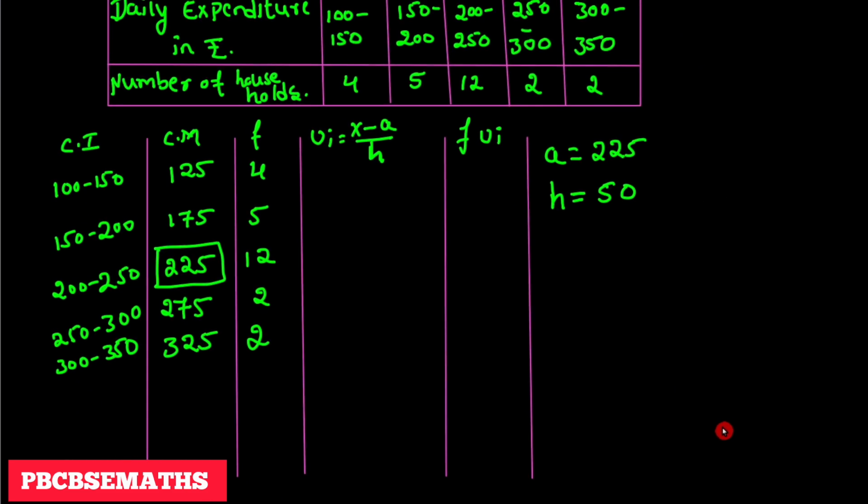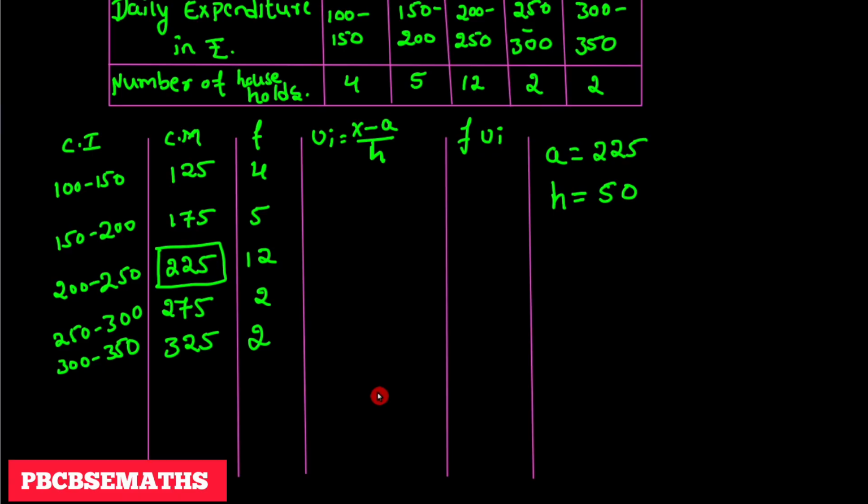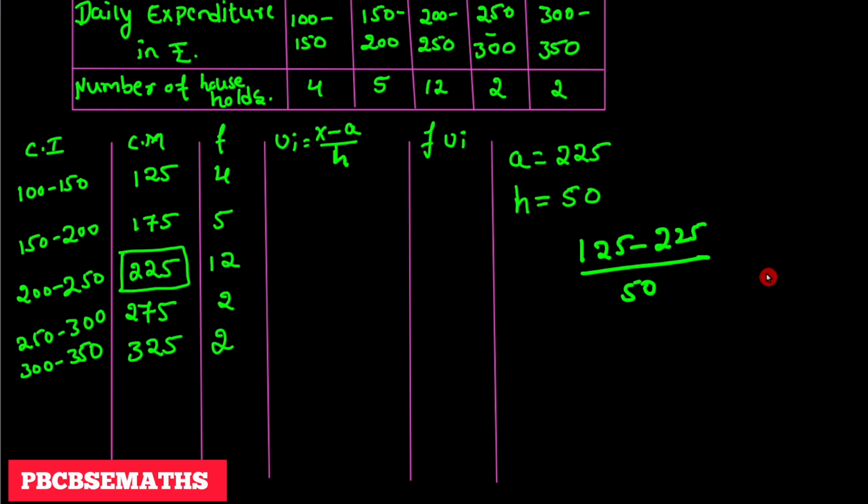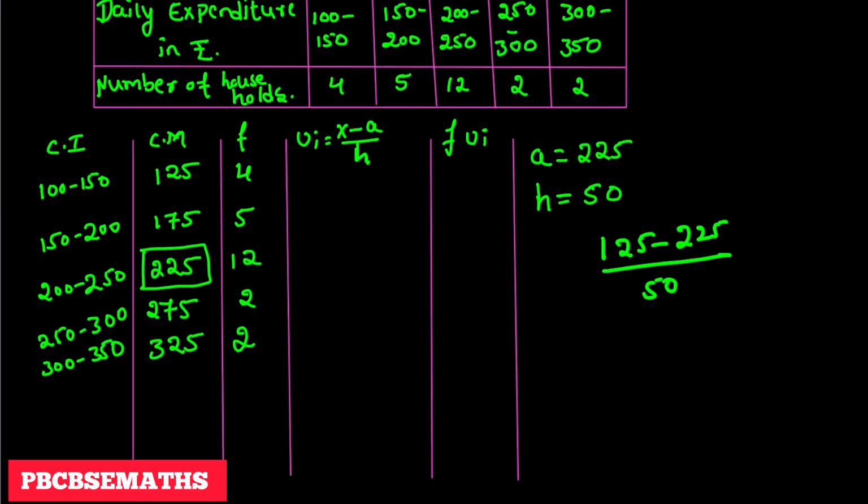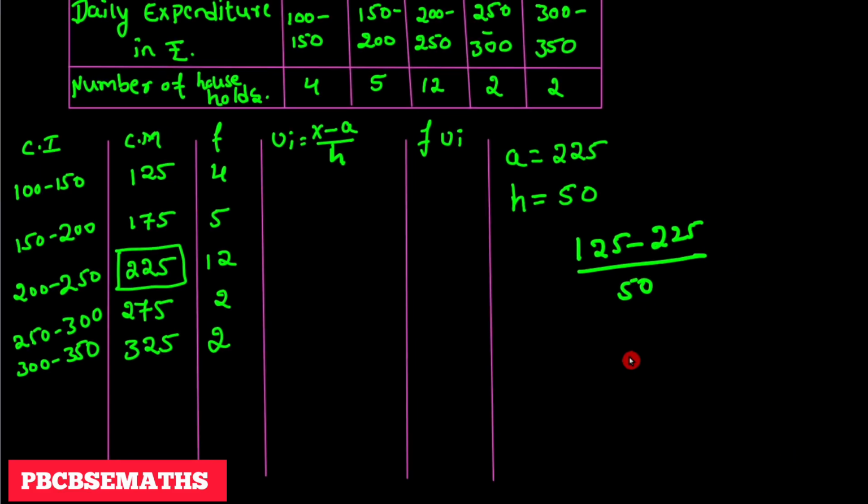So first one is class mark x value 125 minus a value, that is assumed mean 225, divided by h value 50, which means we get minus 100 divided by 50, which gives us minus 2.